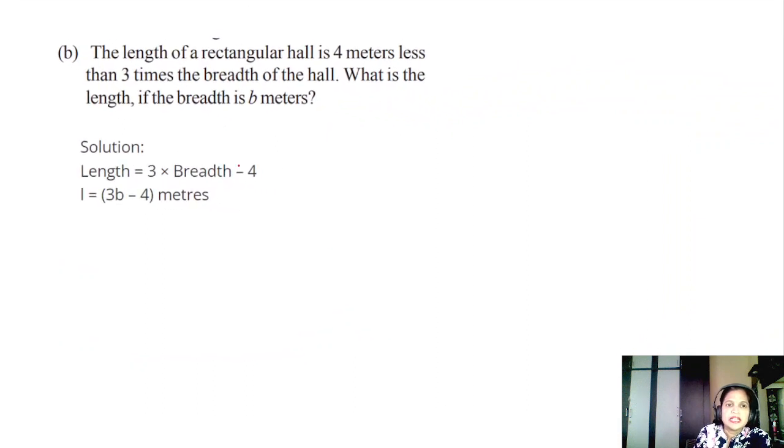Then B, the length of a rectangular hall is 4 meters less than 3 times the breadth of the hall. What is the length if breadth is B meters? Okay, length they asked you, breadth is given. I'll write breadth as B meters.